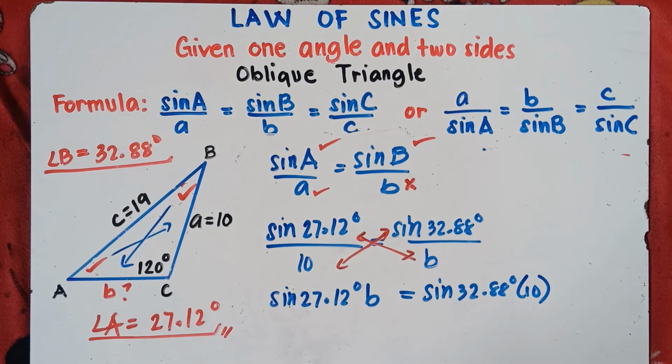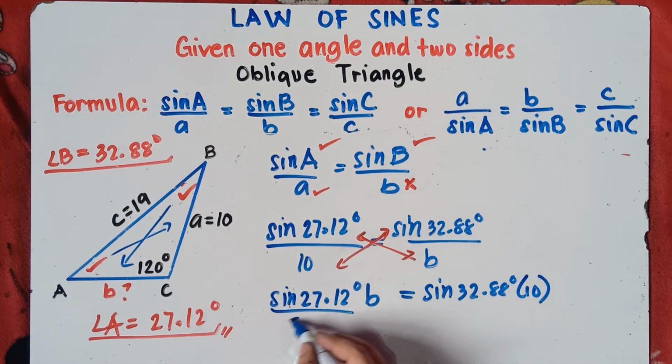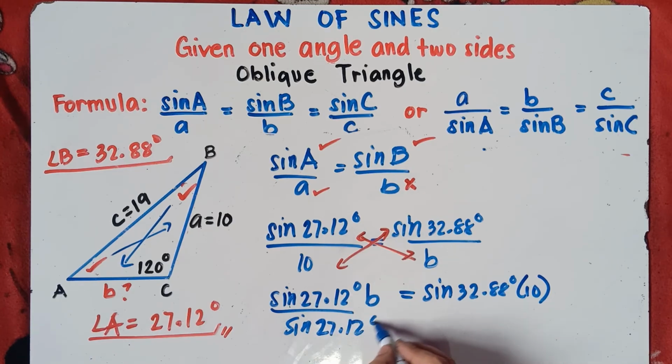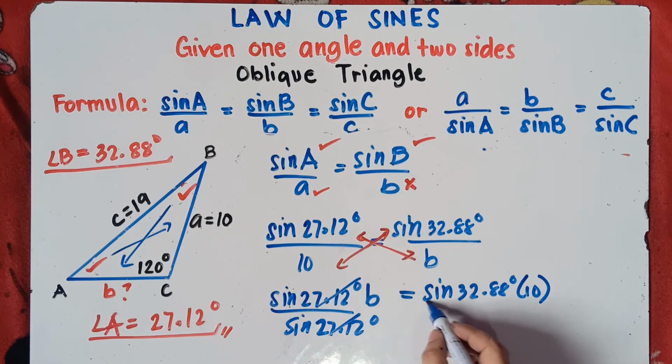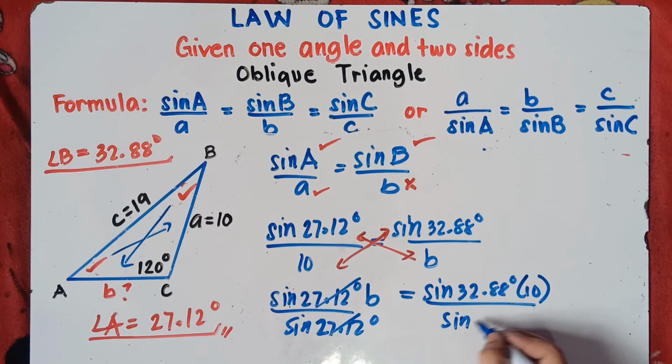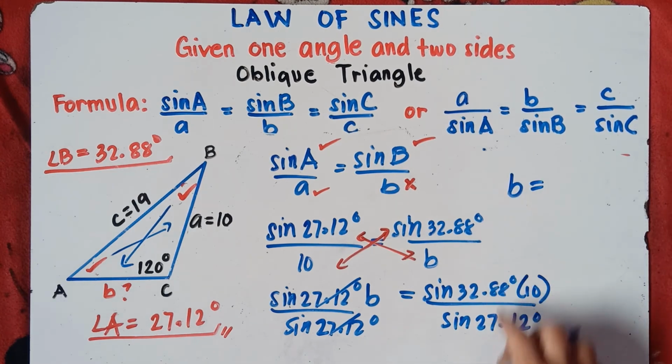So to get the value of B, you divide both sides by sine 27.12 degrees so that we can cancel this out. So B equals, simply use your calculator, class.